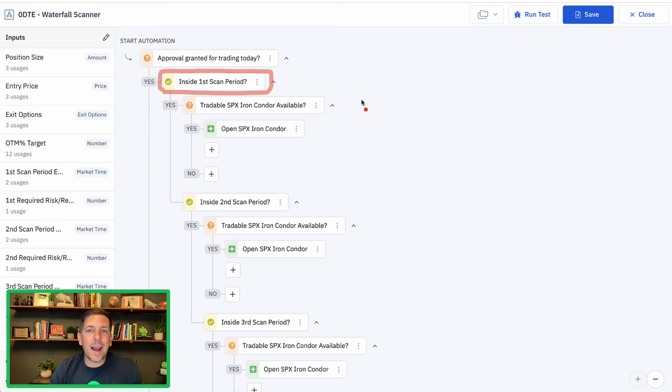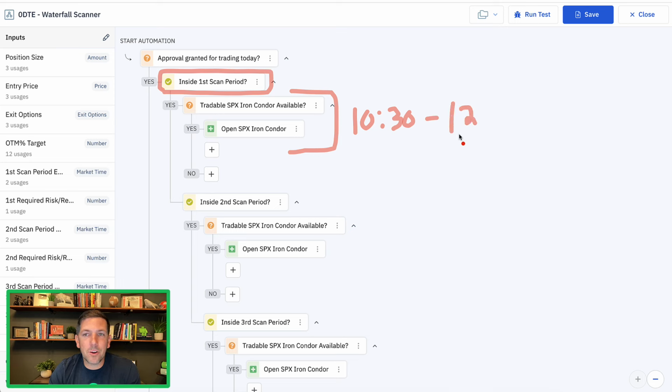Now, this is where we can set the times that we want to check for these particular types of conditions. And this is what's really cool about using this, is that if I set this inside of my bot, it will only check for these conditions during a certain period of time. So let's say that's from 10:30 in the morning until 12 o'clock noon or something like that, right?